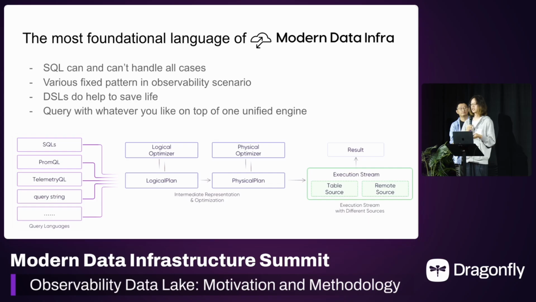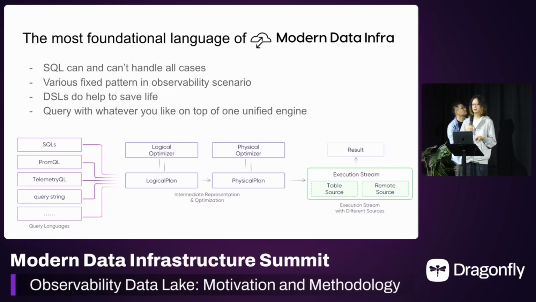So it is not harmful to introduce some DSLs. I know many DSLs are not good for an engineer, and they will increase the load of your learning. But as our practice in observability scenarios shows, some DSLs do help to save your life.